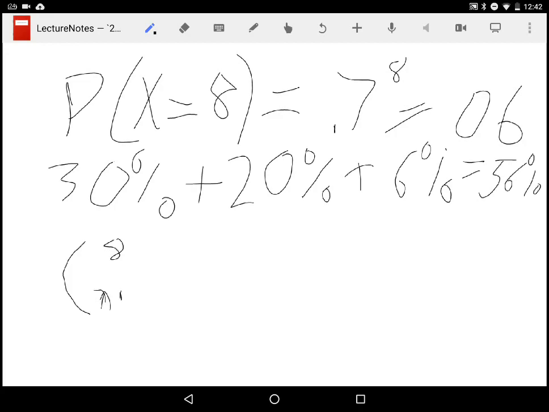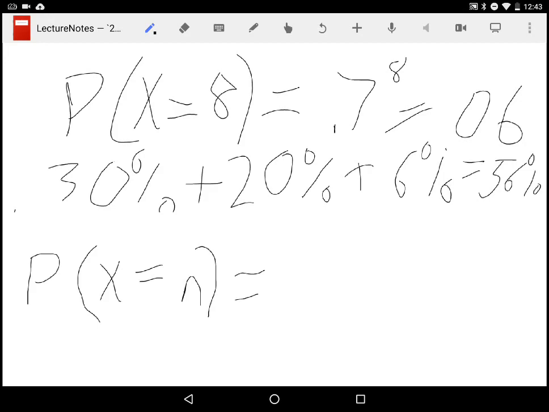So this is for a particular number of free throws. So we'll say probability x equals n, n being the number of free throws made out of 8.